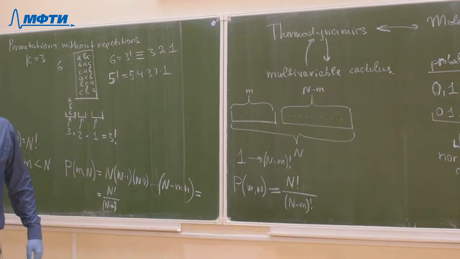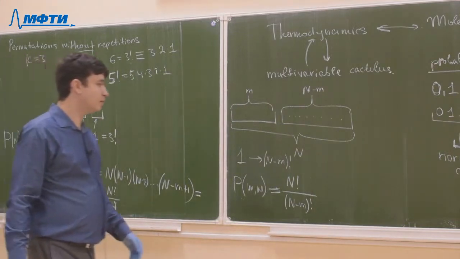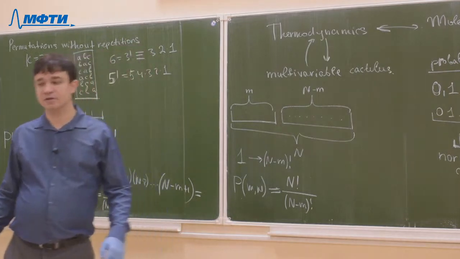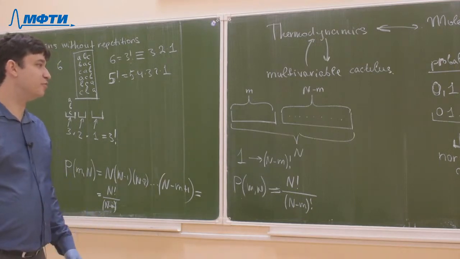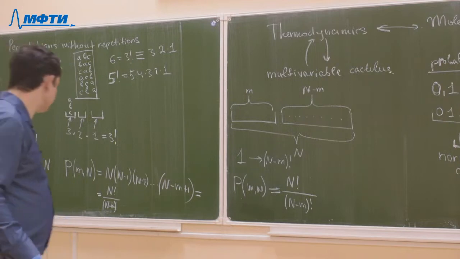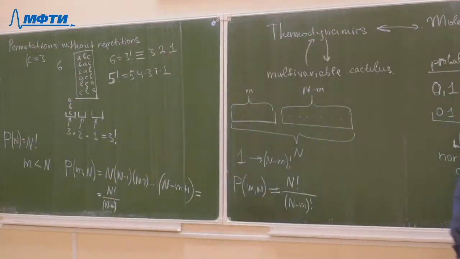So this is the answer for the number of permutations. And another important thing about combinatorics is also the calculation or enumeration of combinations. A combination is a slightly different object from a permutation.